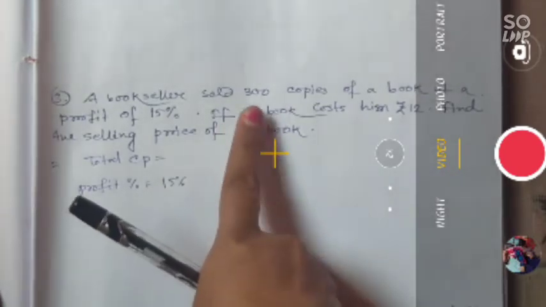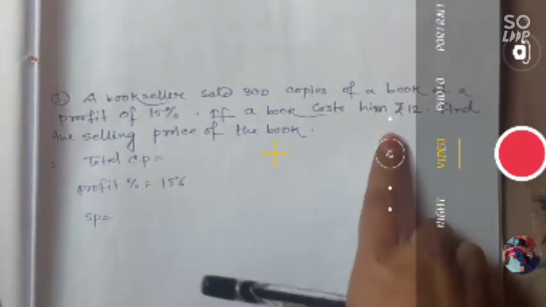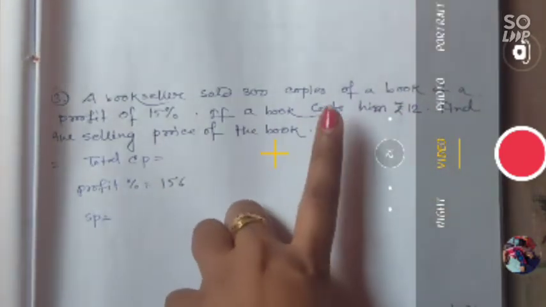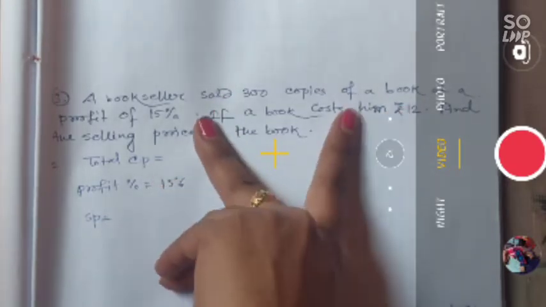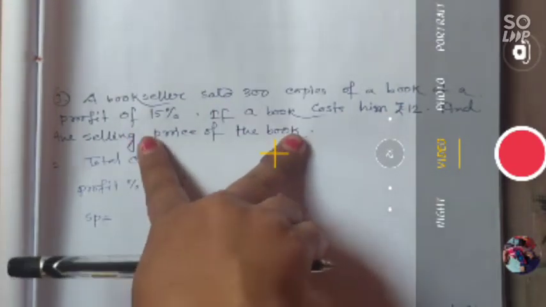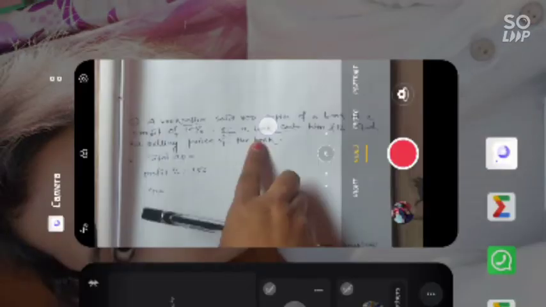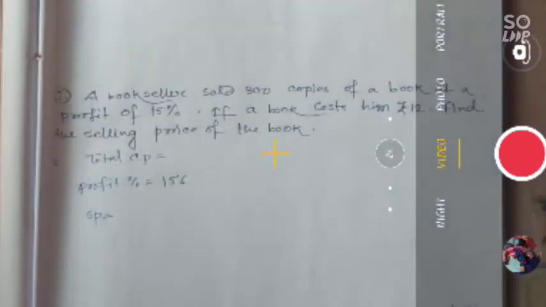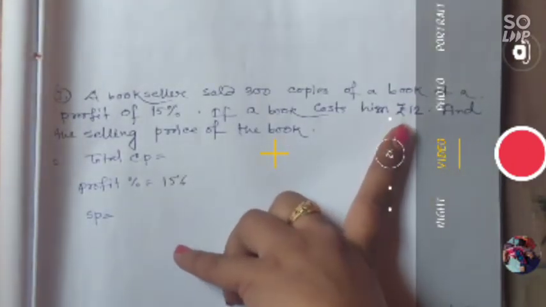So if a book costs him 12 rupees, so একটা বুকের কস্ট কত, 12 rupees. But how many books here did the book seller purchase? এখানে কতগুলো বুক সেল করছে, বুক সেলার কতগুলো বুক? 300 copies. So একটা বুকের কস্ট হচ্ছে 12 rupees, তাই তো?